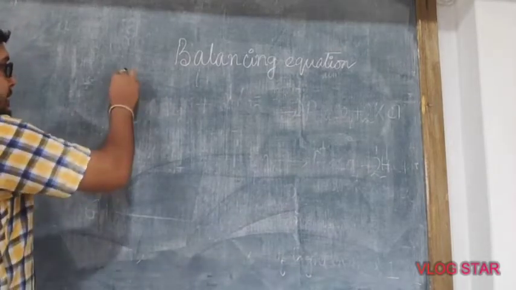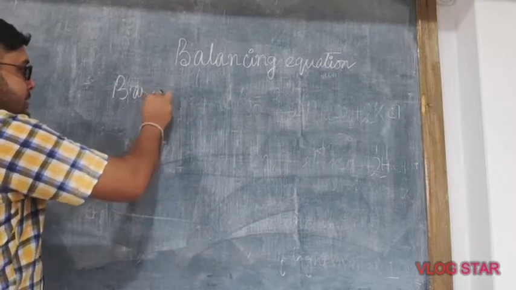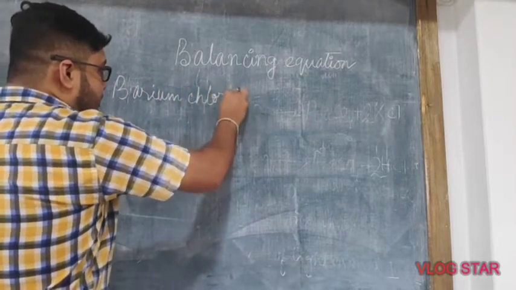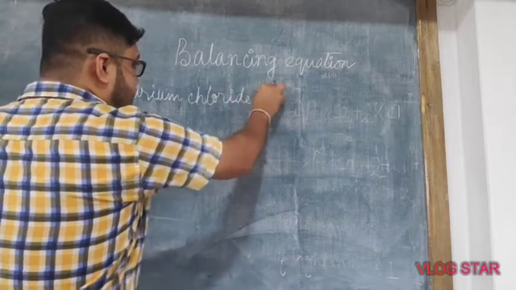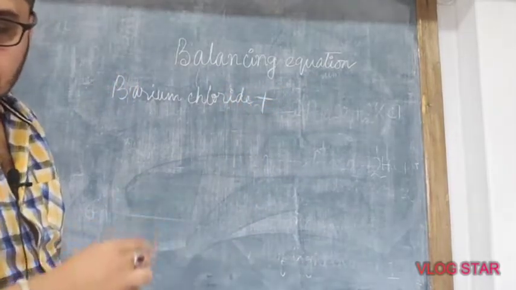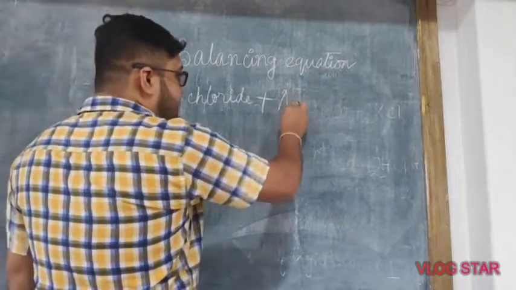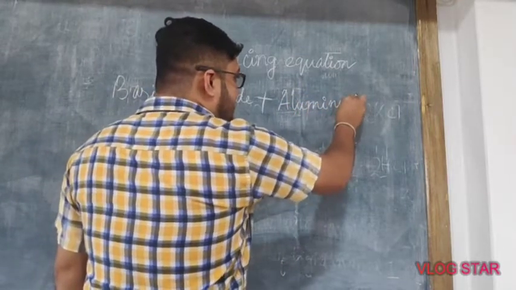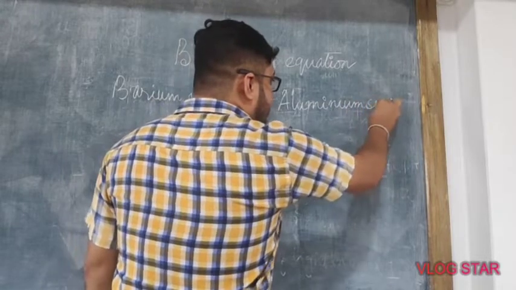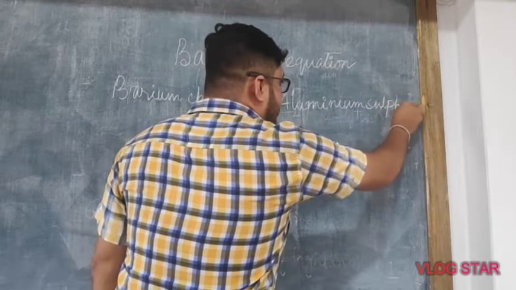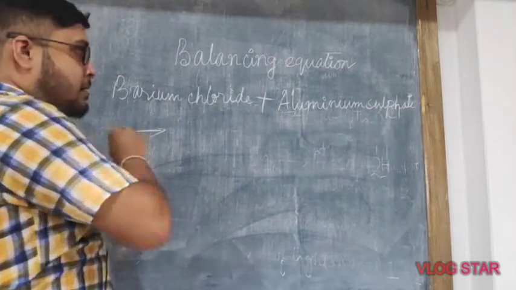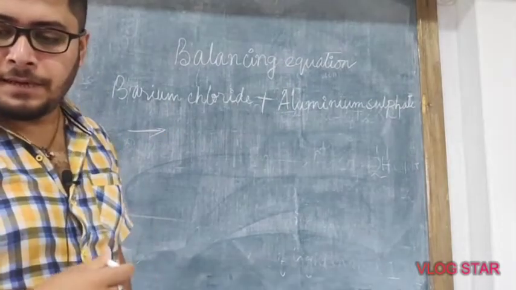It is barium chloride plus aluminium sulfate, barium chloride plus aluminium sulfate. In the product side, what will we get?